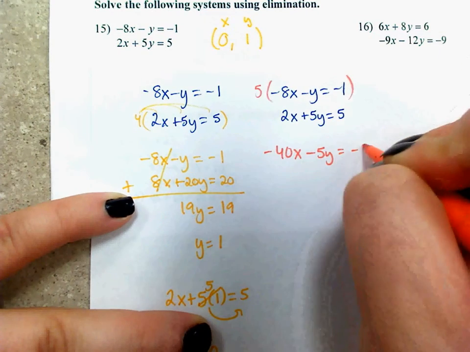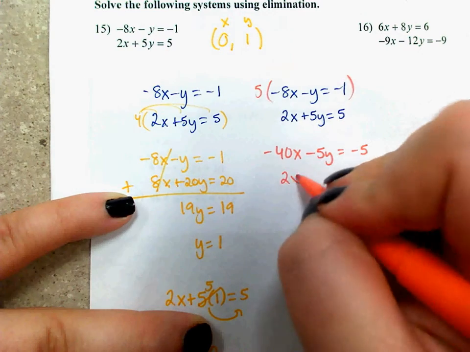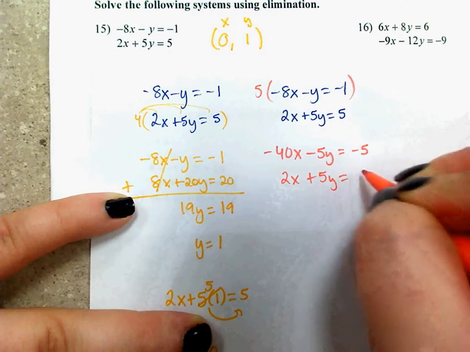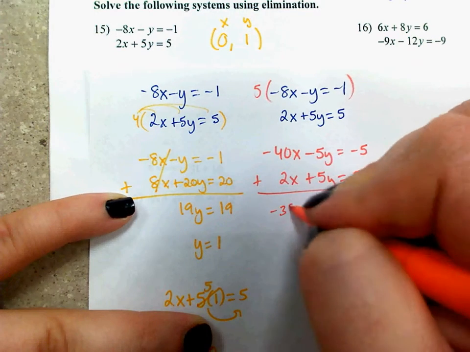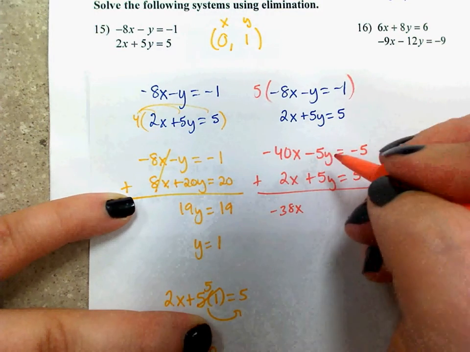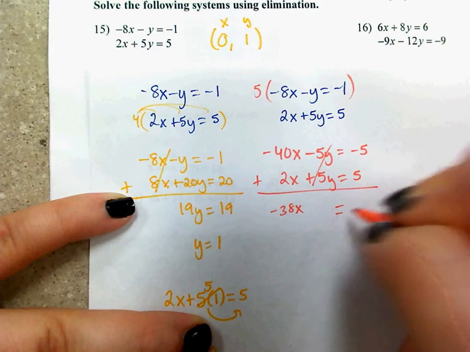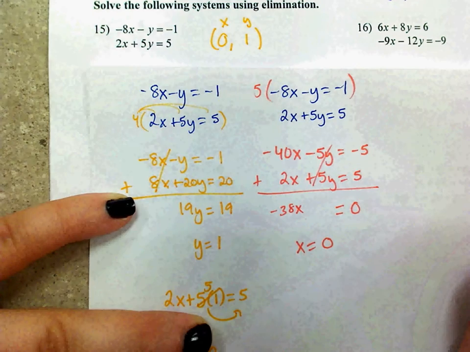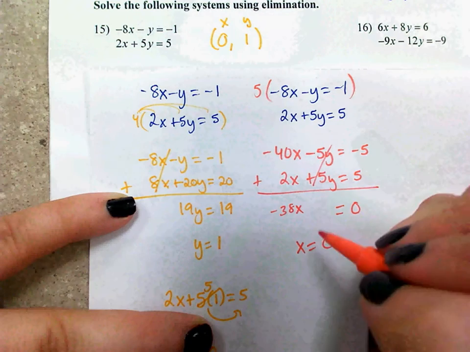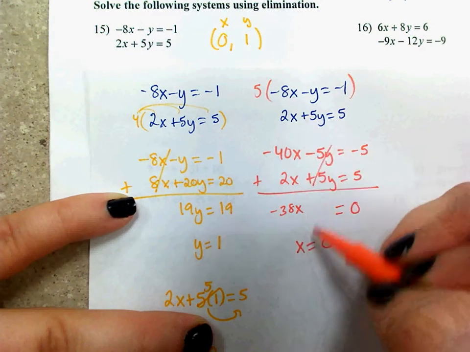Then I would get negative 38x. Those two would simplify out, and that would be 0. And 0 divided by anything, other than 0, is 0. Okay? If I got x equals 0, then all I'd have to do is say, well, if x equals 0, then that's gone. I've got 5y equals 5 divided by 5, and y equals 1. Okay?